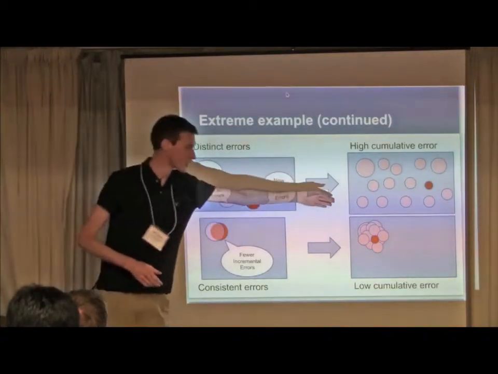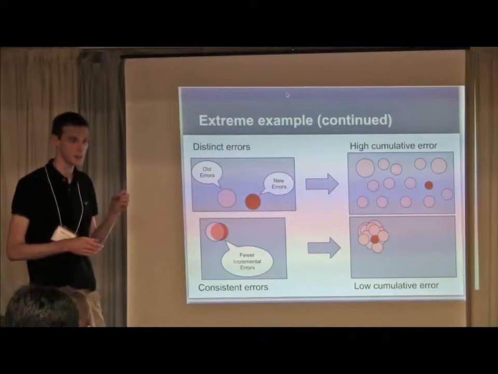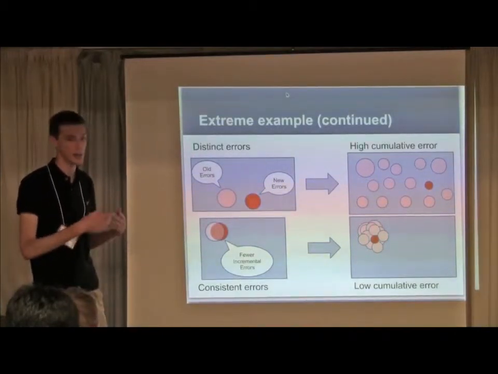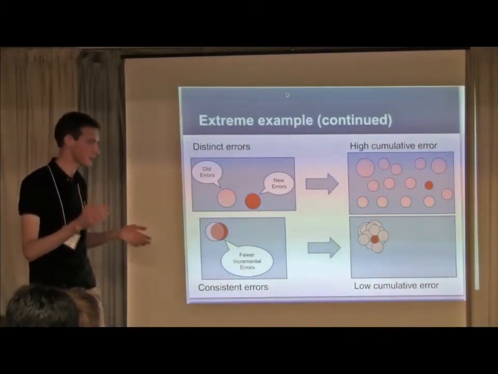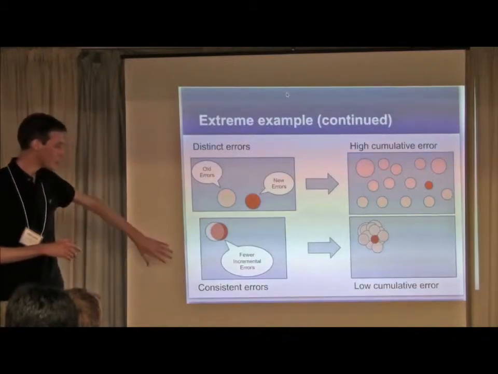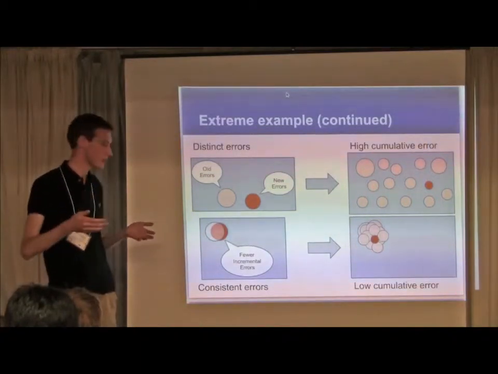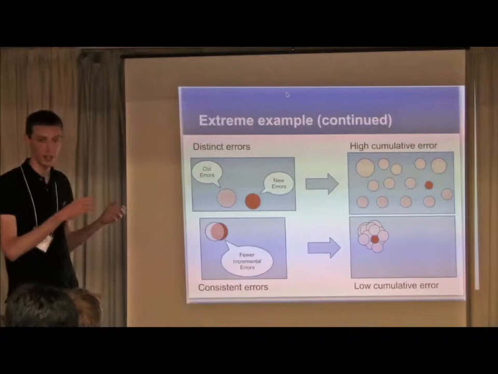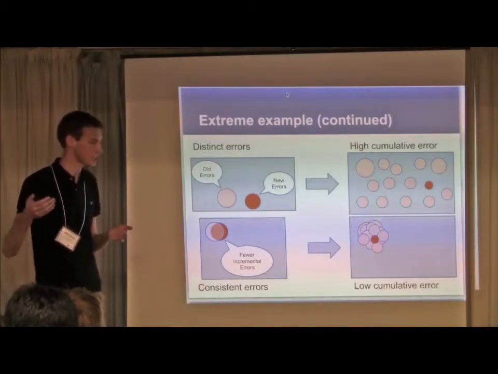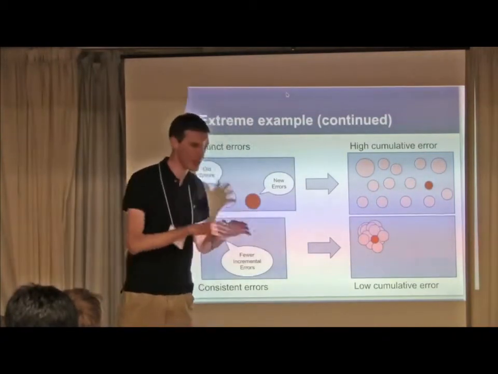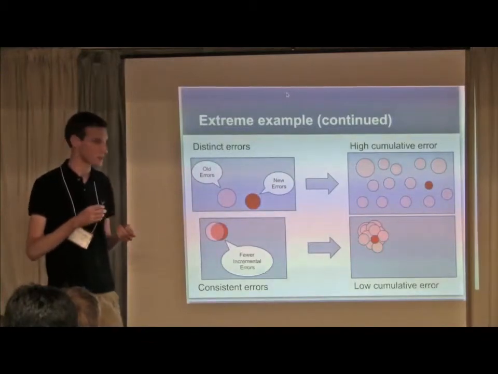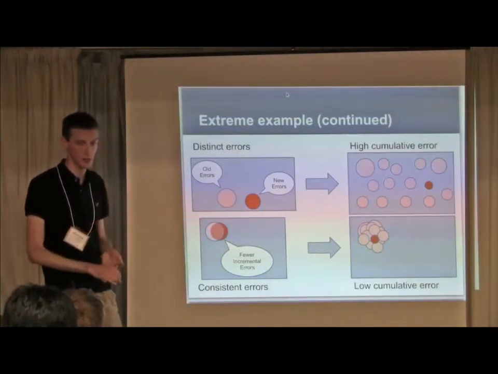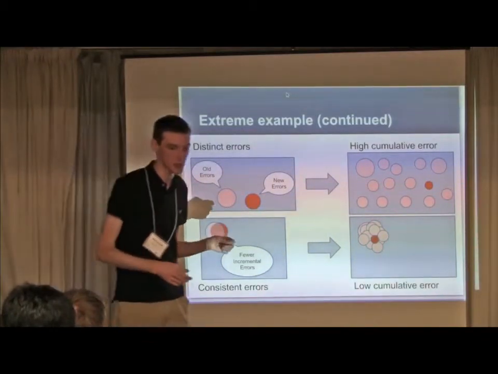This is going to represent a huge human cost for maintaining this classifier. And if it's bad enough, we might as well just not be doing classification. Whereas if we have consistent errors in the classifier, we're going to make many fewer incremental errors. Over time, we're going to get a much smaller space of misclassified examples, corresponding to a much lower human cost.